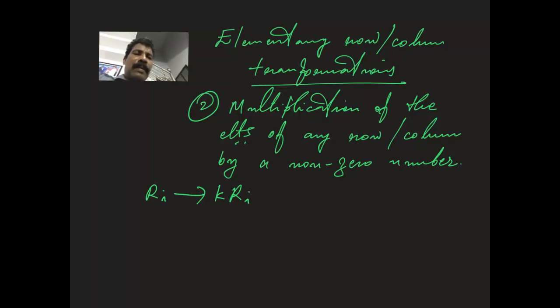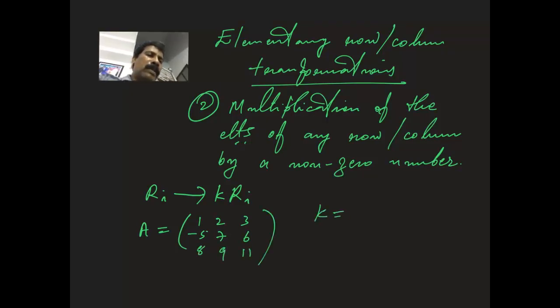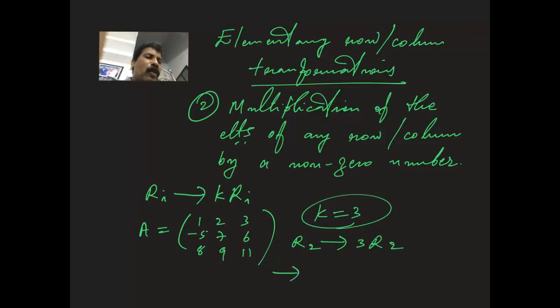We shall make it clear, that is capital A is equal to, say, 1, 2, 3, negative 5, 7, 6, 8, 9, 11. And if we choose a non-zero scalar k is equal to, say, 3, and we are operating, say, R2, second row transformed as 3 times R2, then after the transformation, the transformed matrix will be, you can say, that is 1, 2, 3.